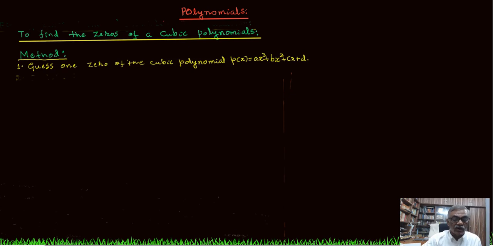Guess one zero of the cubic polynomial p(x) = ax³ + bx² + cx + d. The guessing is left to your experience.